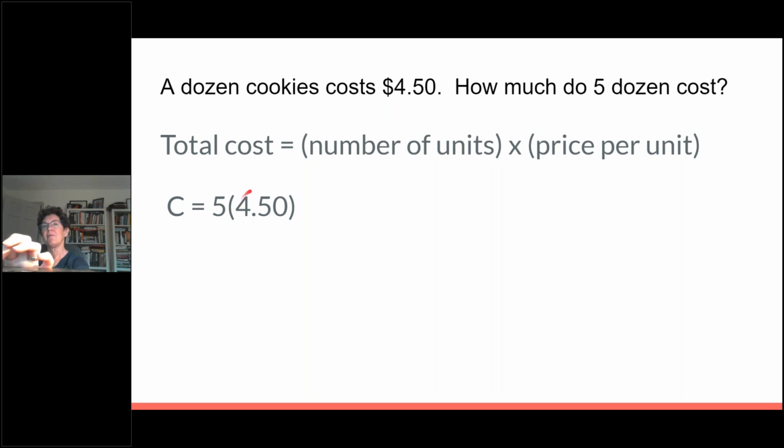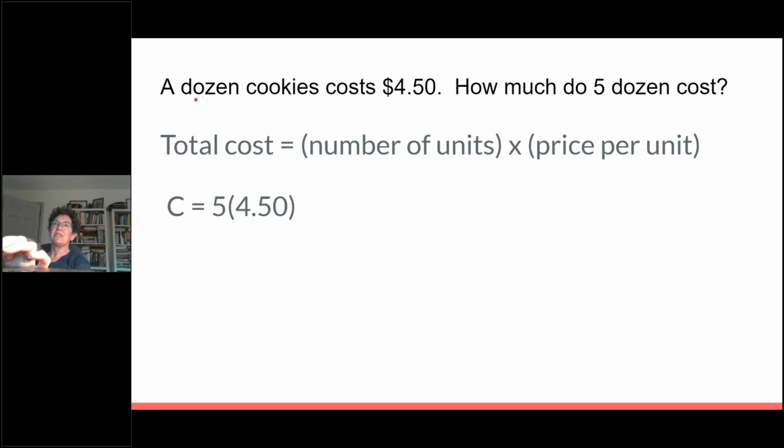You might be thinking, well, wait a minute, where does that dozen come in? Because I know dozen is a word that means 12. Where's the 12? In this case, 1 dozen is the unit. So you can think of that as a box. The box happens to contain a dozen cookies.